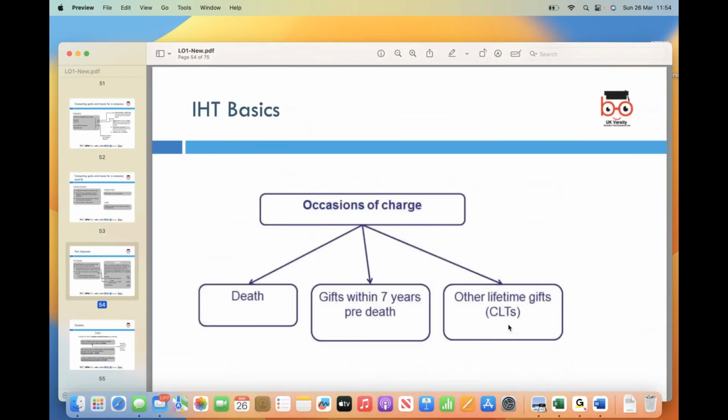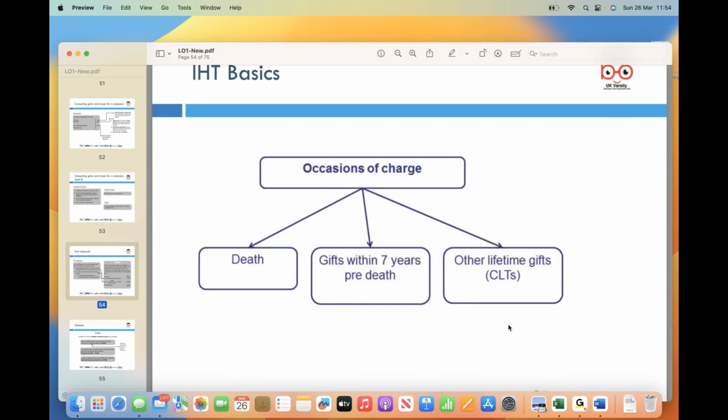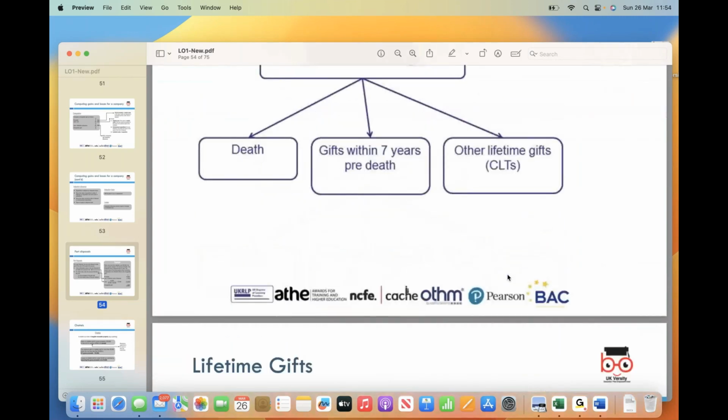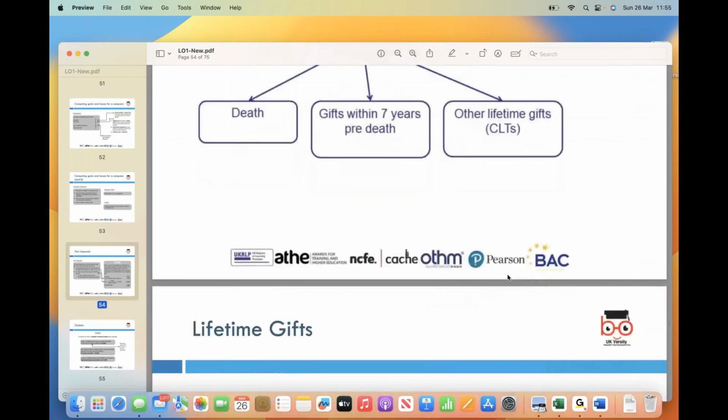This includes death, gifts made within 7 years before death, and other lifetime gifts known as chargeable lifetime transfers, CLT. All assets, including capital gifts, are subject to inheritance tax with no exempt assets. The individual transferring the value of the asset is considered the chargeable person for inheritance tax purposes.